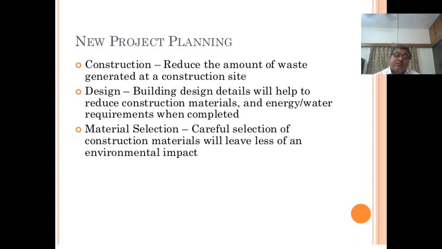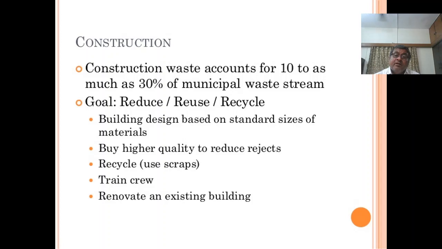Building design details will help to reduce construction materials and energy or water requirements when completed. Material selection. Careful selection of construction materials will leave less of an environmental impact. Construction waste accounts for 10 to as much as 30% of municipal waste stream. Goal: reduce, reuse or recycle.